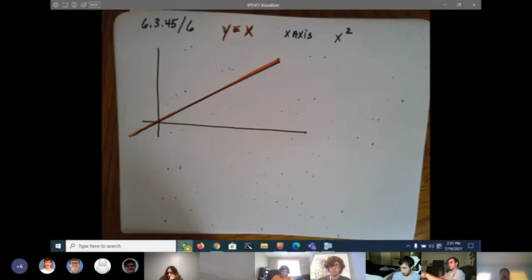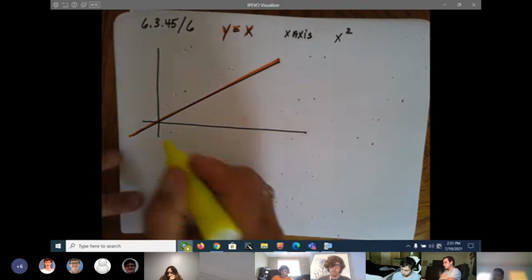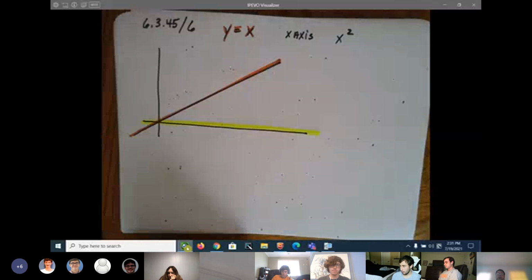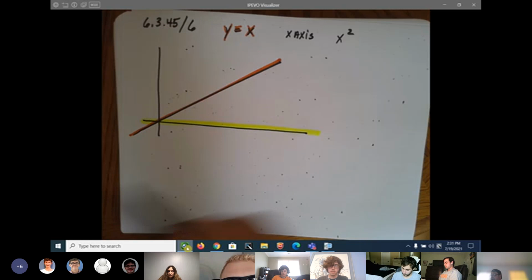And the x-axis is right here. And I believe that's supposed to be x is equal to 2, but I'm not writing it correctly today.